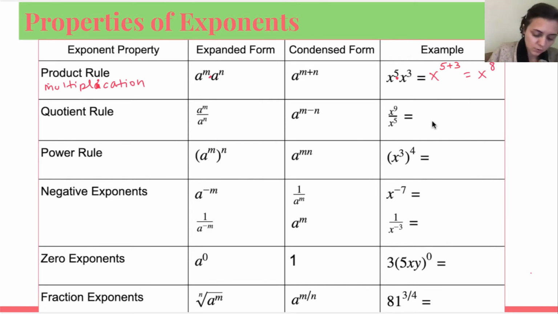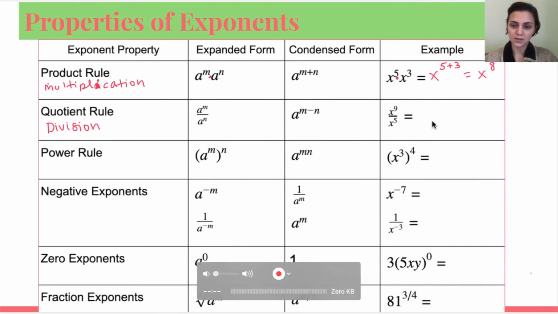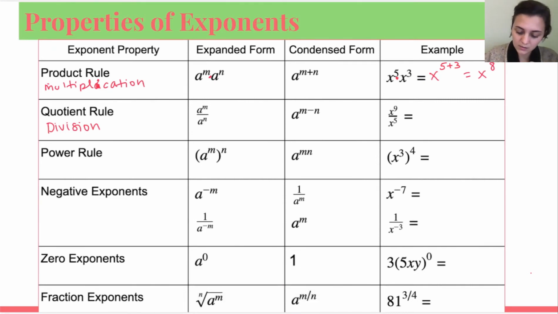Quotient rule. Quotient, remember, means division. Again, you need to be dividing numbers that have the same base. So when you divide numbers that have the same base, then you subtract the exponents. So that will look like this. They both have a base of x, so I can subtract 9 minus 5. This is x to the 4th power.